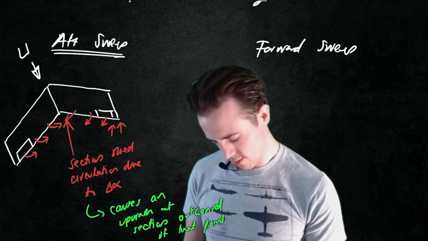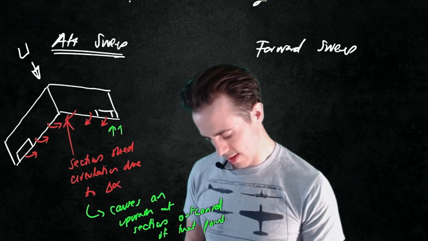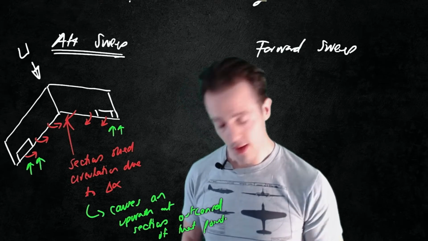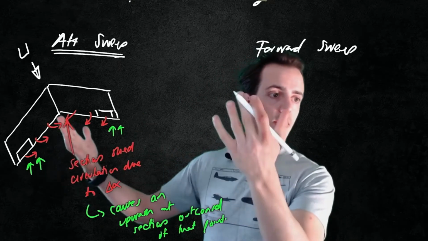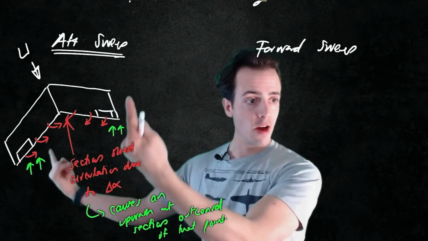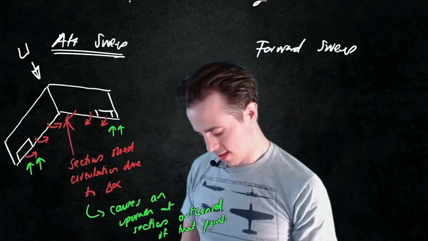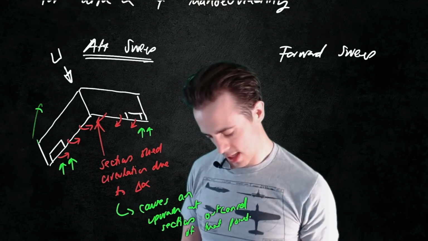Okay, so I should draw this in green. So we see this upwash at the tips, which causes an increase in angle of attack at the tips, which means if we have this sudden perturbation of angle of attack, it's going to cause circulation to be shed here, which causes a further increase in angle of attack at the tips, and that's going to cause the lift distribution to have this peak at the tips.